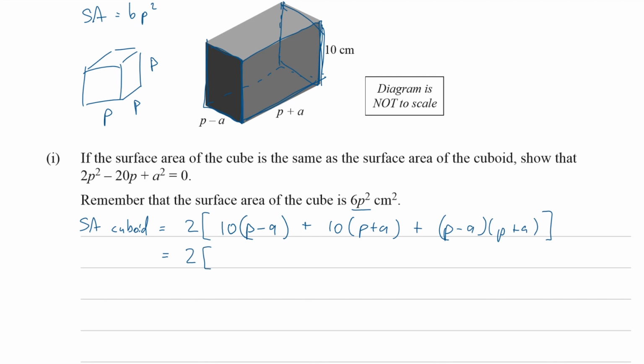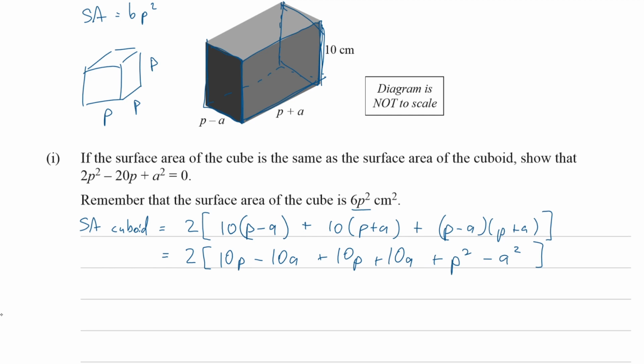So we're left with 10p minus 10a plus 10p plus 10a plus p squared minus ap, plus ap minus a squared, so the ap terms will cancel.